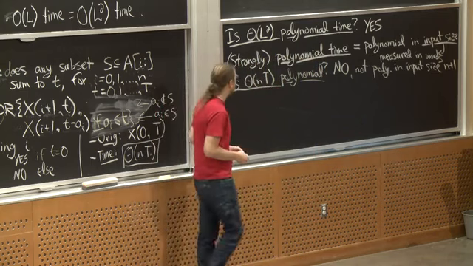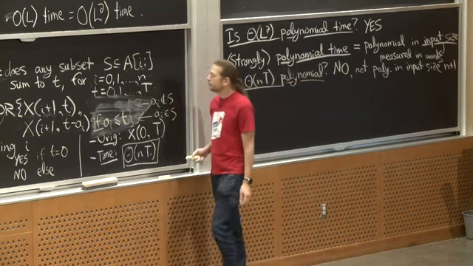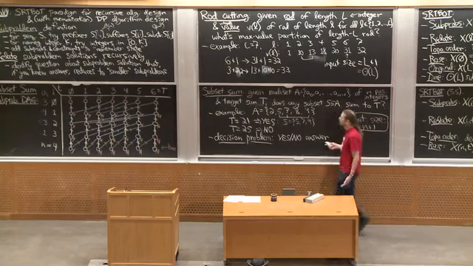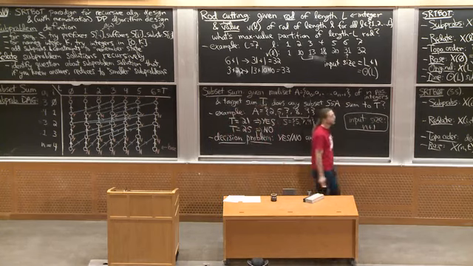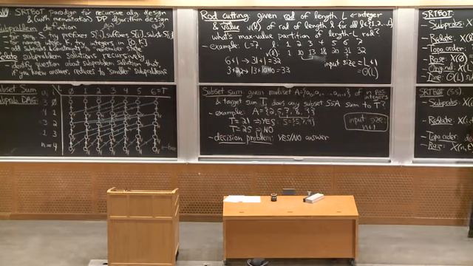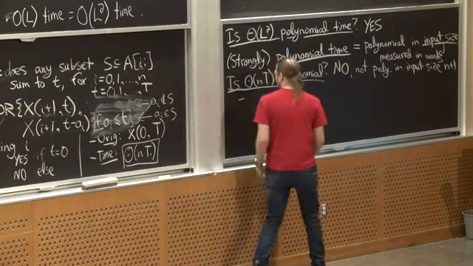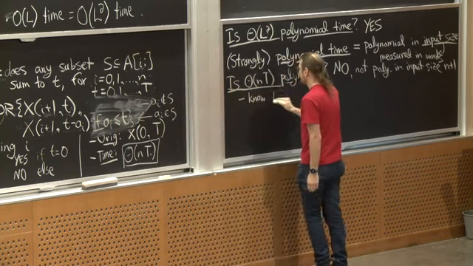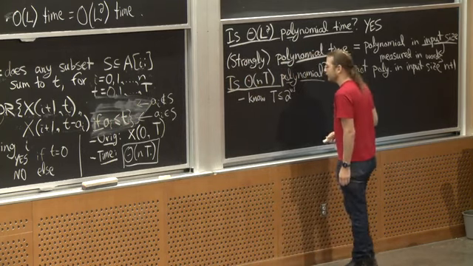Why could it be 2 to the n? Because what do we know about capital T? We assume, implicitly throughout the course, that t fits in a word. That means it's a w-bit number. So that means it's at most 2 to the w. And you might think, well, we know about a relation between w and n. So we know t is at most 2 to the w, if it's w bits.